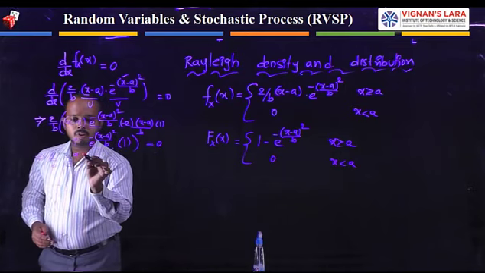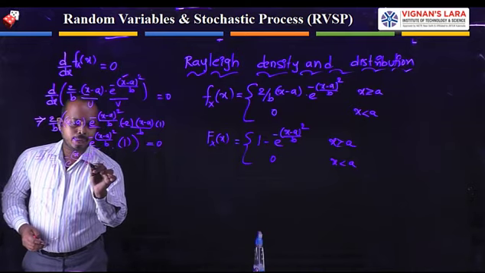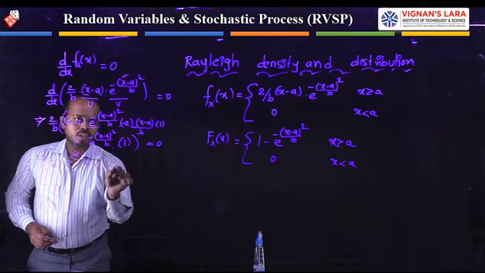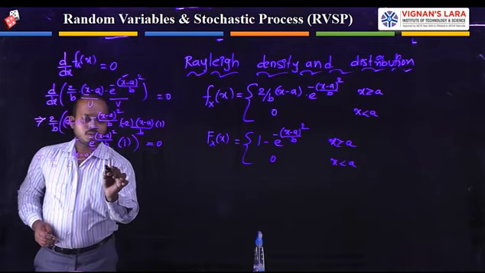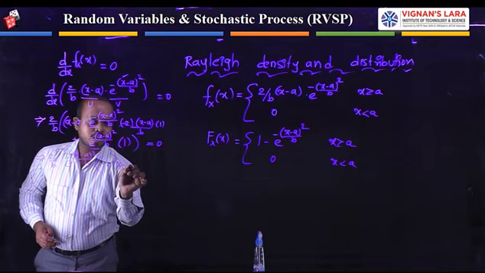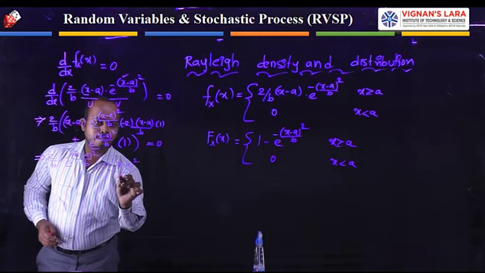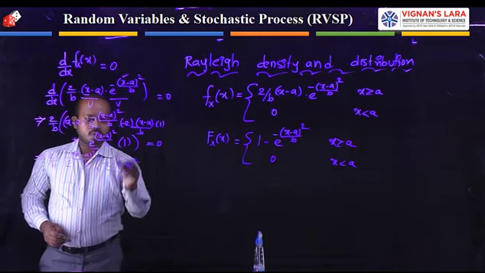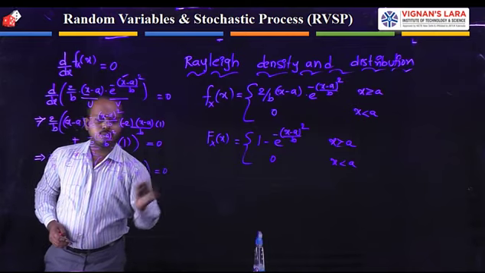So e power minus (x minus a) whole square by b, and the remaining terms are x minus a and the minus sign, so minus 2(x minus a) whole square by b, plus 1 is equal to 0.